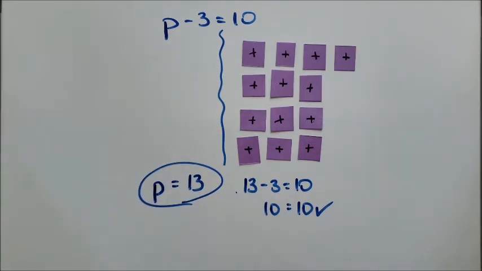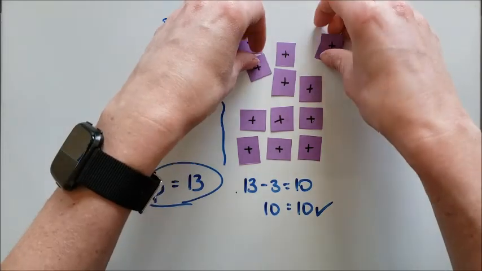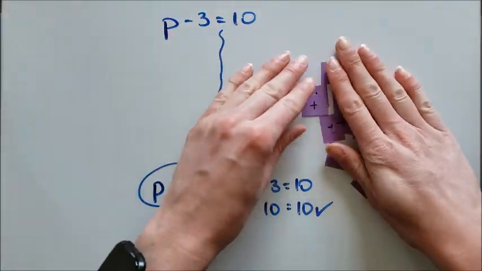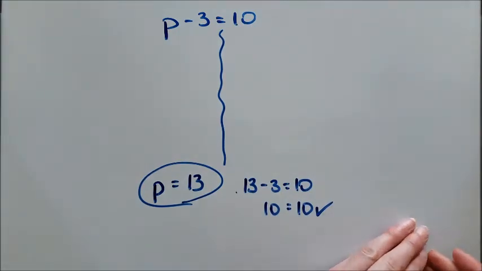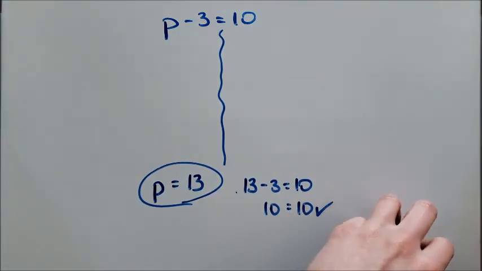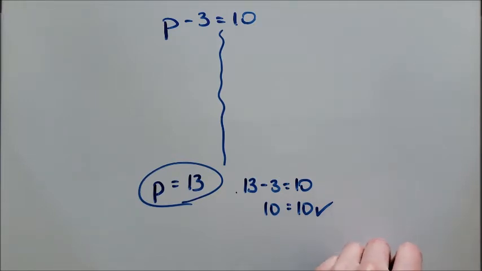So we're going to do the next example. I'm just going to read it while I take these away. It says, at 10 a.m., it was cold outside. By 2 p.m., the temperature had risen 3 degrees, and the new temperature is negative 6.